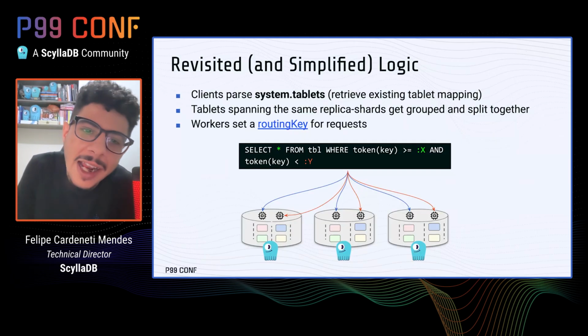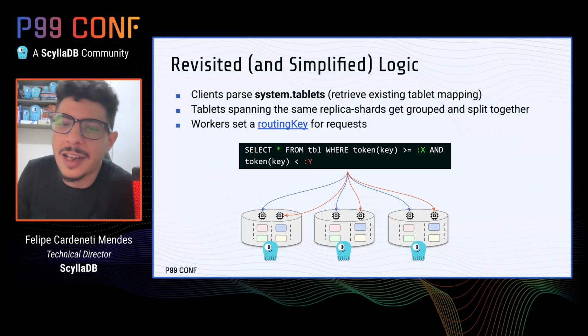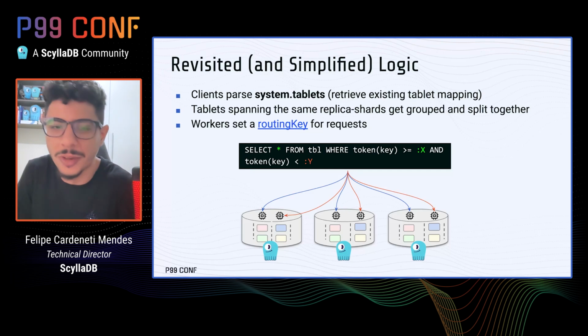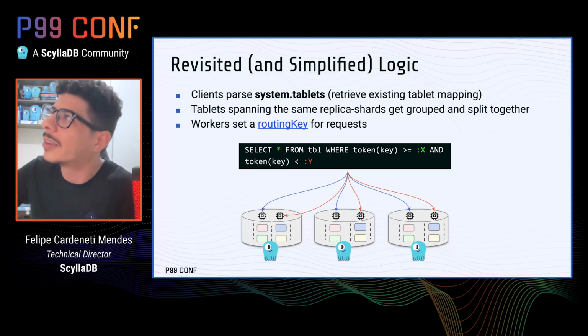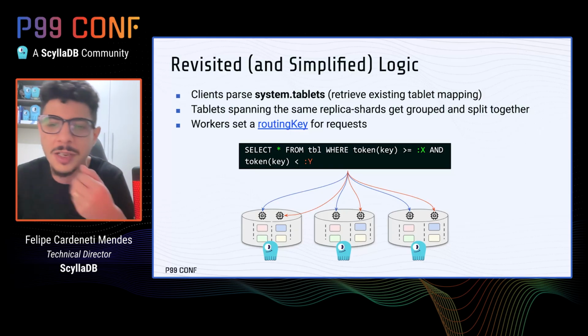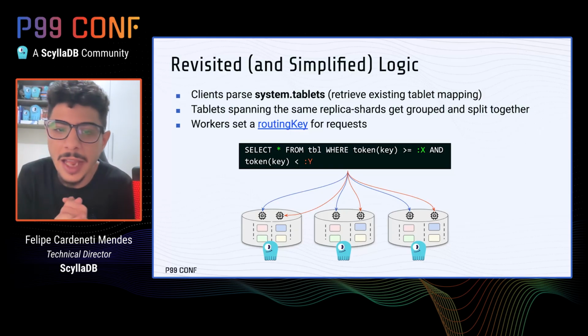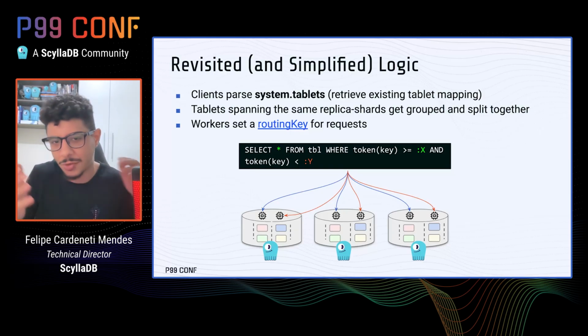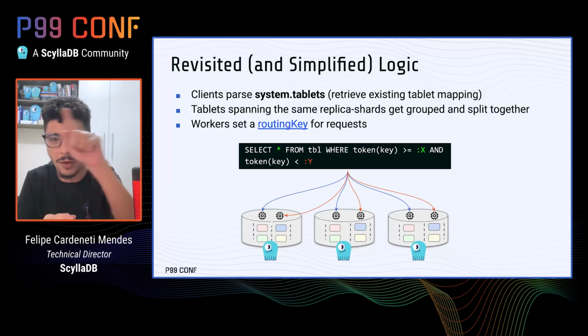So, on a high level, to fully scan a tablet-based table, clients simply have to parse the contents within the System.tablets table to retrieve the current tablet mapping to the replicas, and group those such that traversing the table's token ring space keeps all CPU cores busy.